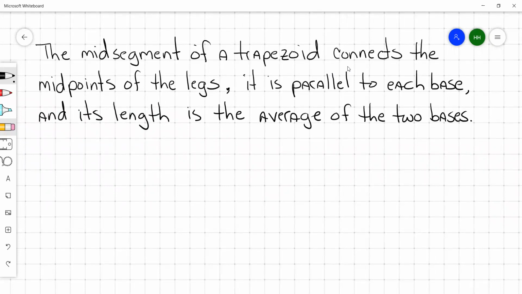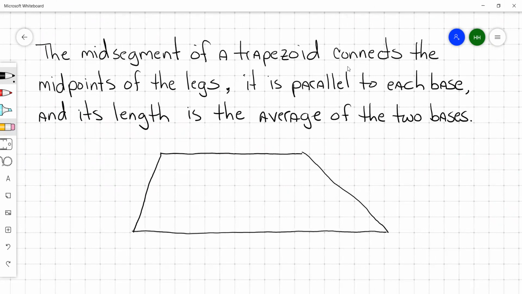So if you draw a trapezoid, I'm going to label this one MNOP. Now, this mid-segment, all right, let's say N to O is parallel to MP.